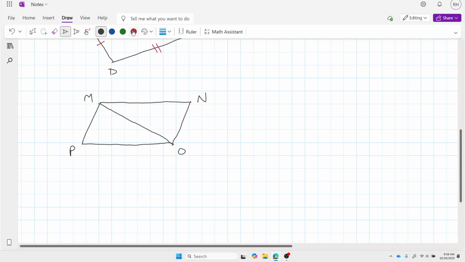And in this case, let's just say that MN is congruent to PO. That's all you're given.